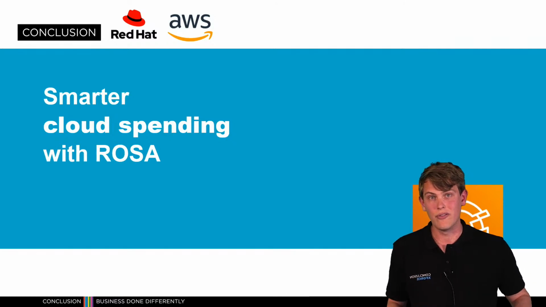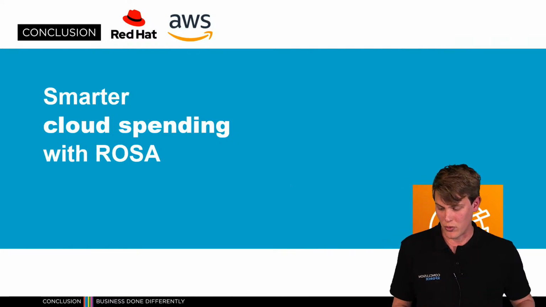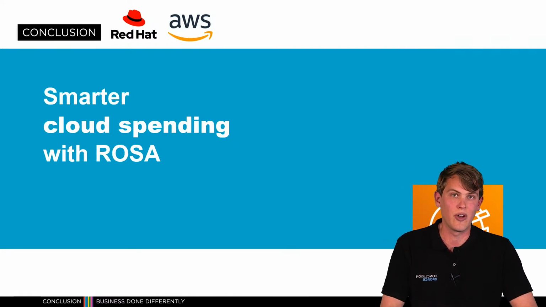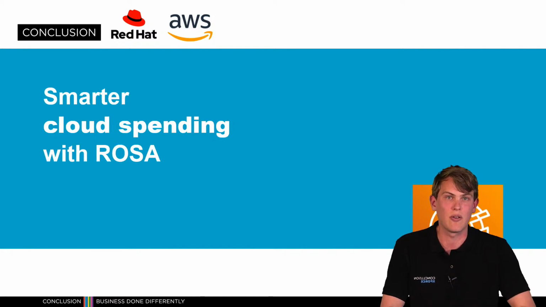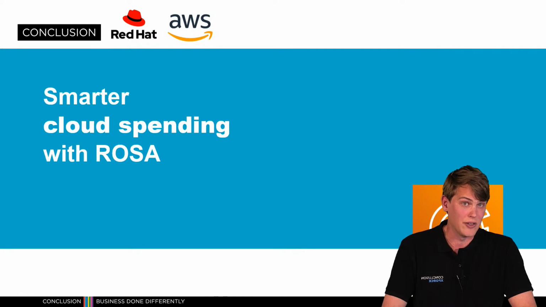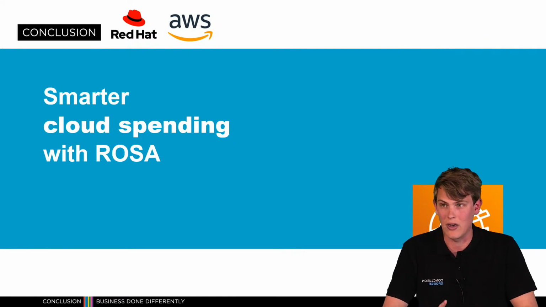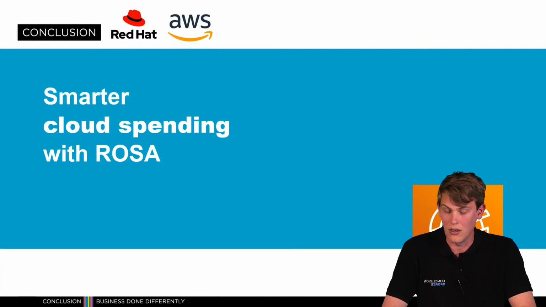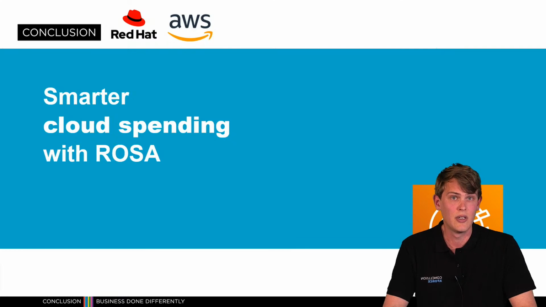One other very important aspect of running ROSA in production is you can simplify and streamline your cloud spending. As Ike mentioned, ROSA uses unified billing, so all the infrastructure and OpenShift subscription costs you use are running in AWS.